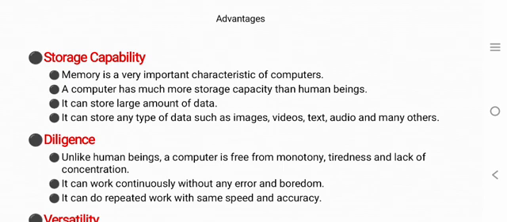Then computers have vast storage capacity and can store all kinds of data, text, image, audio, or video, called storage capability. The computer never gets tired or bored, so this property is called diligence.